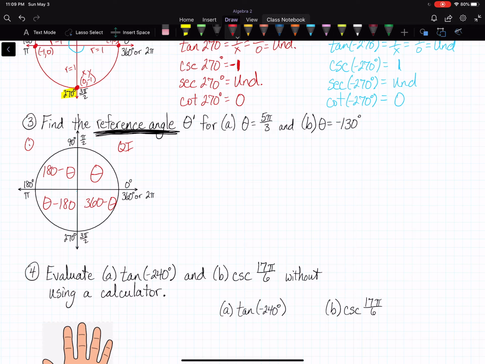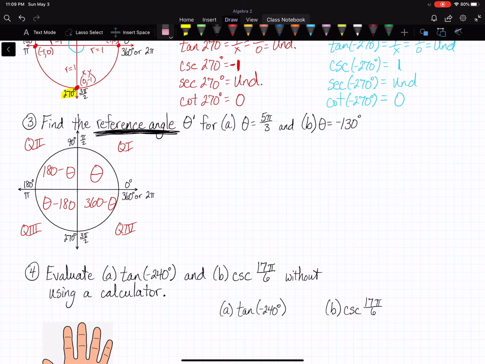If it's in quadrant 2, your reference angle will be 180 minus theta. If you're in quadrant 3, your reference angle is going to be the angle minus 180. And if you're in quadrant 4, your reference angle is 360 minus theta.